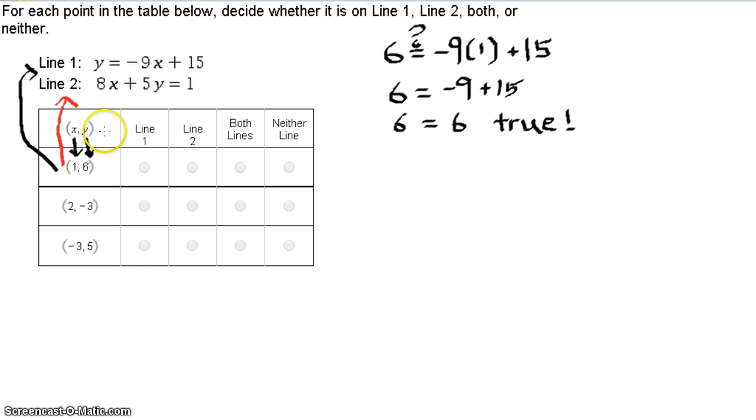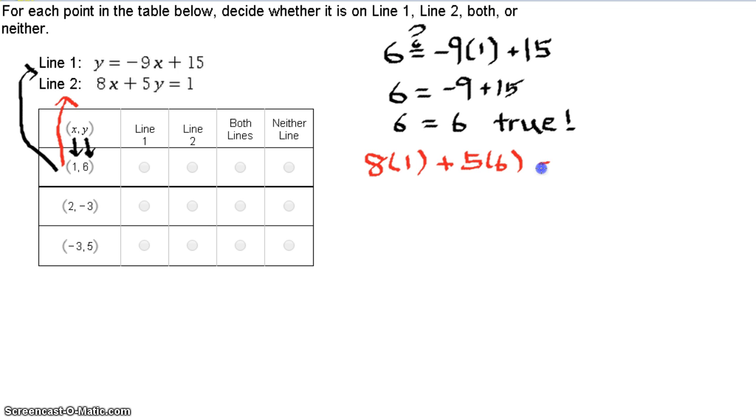Since I'm testing the point 1, 6, my x is equal to 1 and my y is going to be equal to 6. Let's put that in. So I have 8 times my x, which is 1, plus 5 times my y, which is 6.